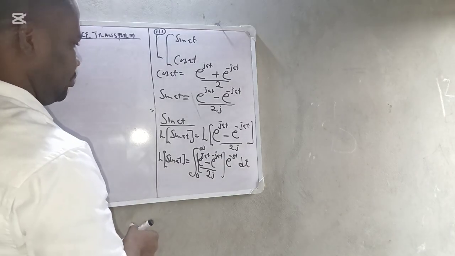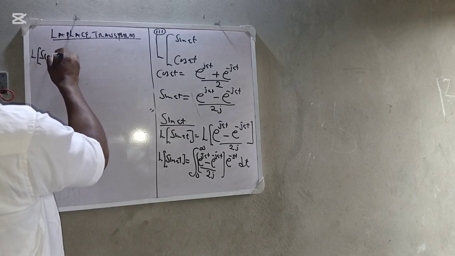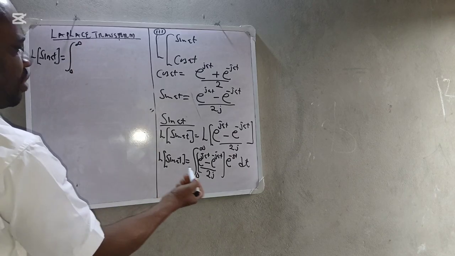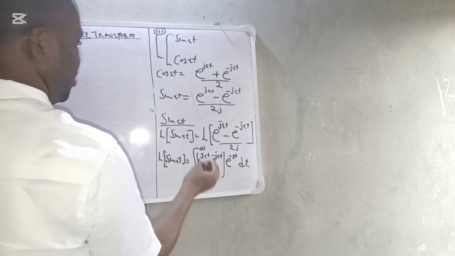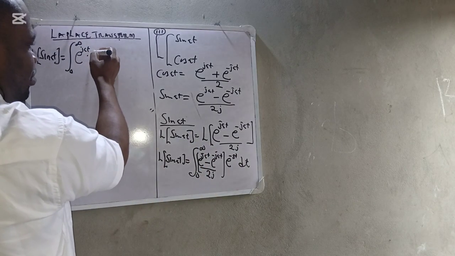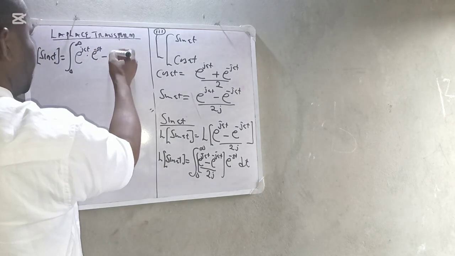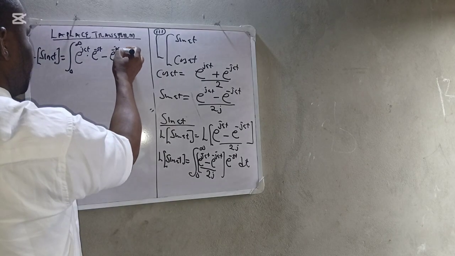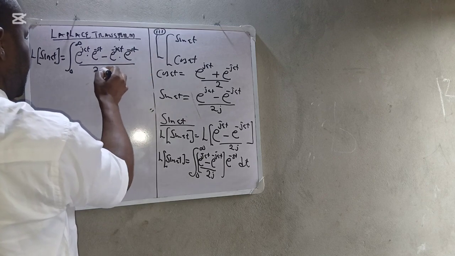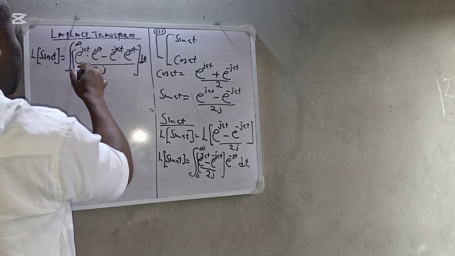The next is for us to simplify the expression to see the outcome. We can rearrange the expression as the integral from 0 to infinity of e to the jat times e to the minus st, minus e to the minus jat times e to the minus st, divided by 2j, dt.